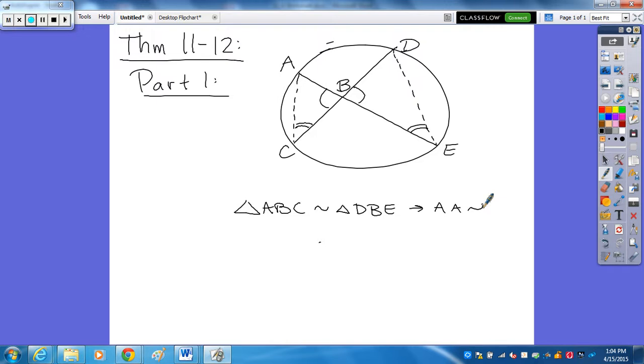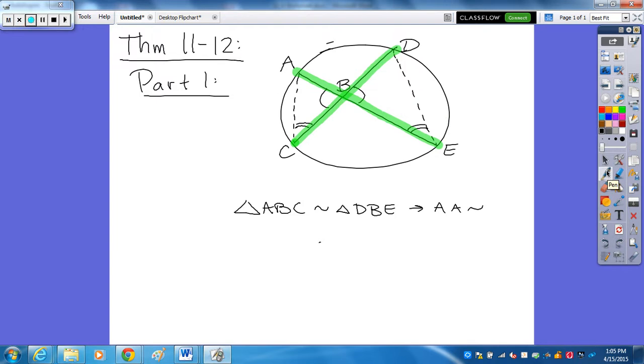Because of the angle-angle similarity, I can then set up a proportion dealing with the sides of the triangles. Remember, we want to look at the side lengths that are present within the circle. So I'm looking at this side length here and that one there, and this side length here and this one here. What proportion could I set up to solve for that?